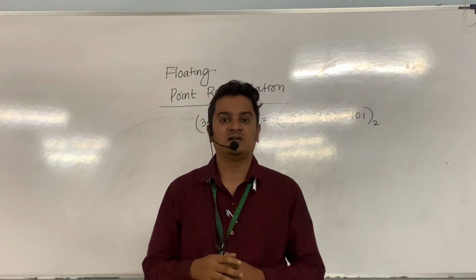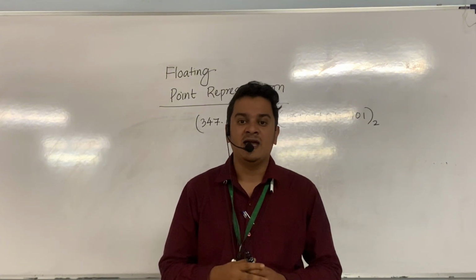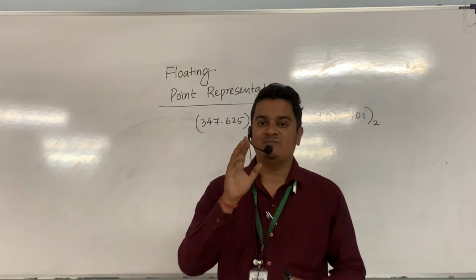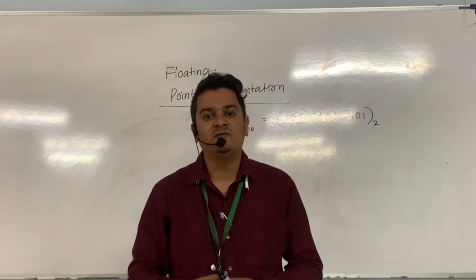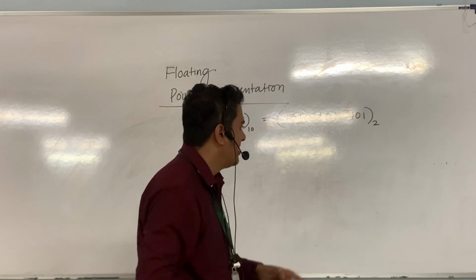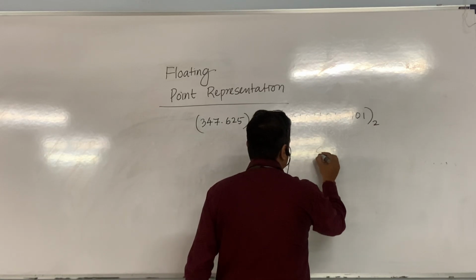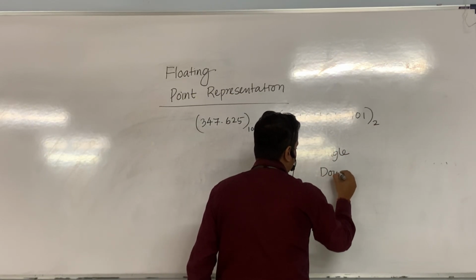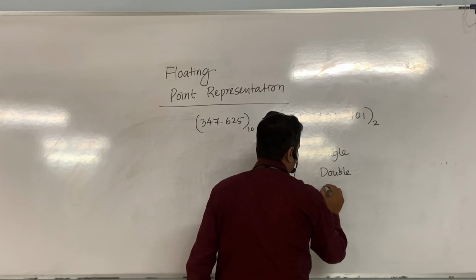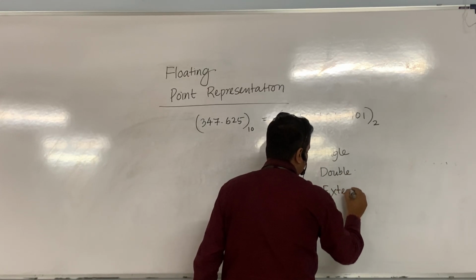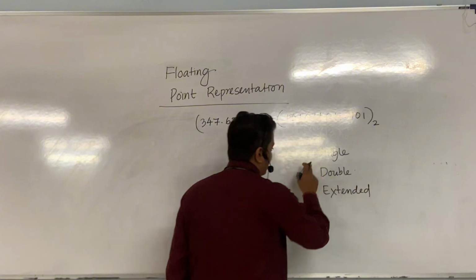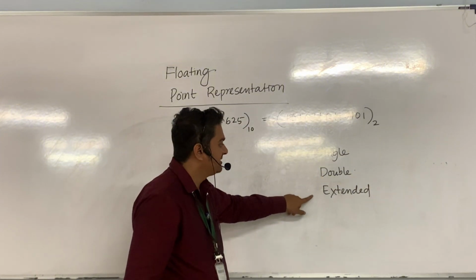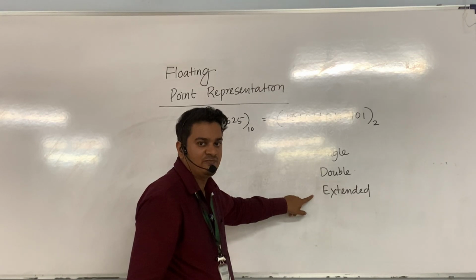But before going for that, we have to understand how many floating point representations there are. There are basically three types: first one is single precision, second one is double precision, third one is extended precision.